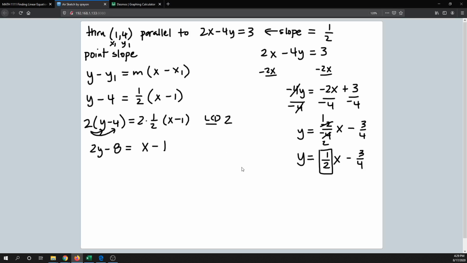So now all the fractions are gone, and again, I just want to solve for y just like I did over here, right? I would add 8 to both sides. I get 2y equals x. Negative 1 plus 8 will be a positive 7. And then divide each term by 2.